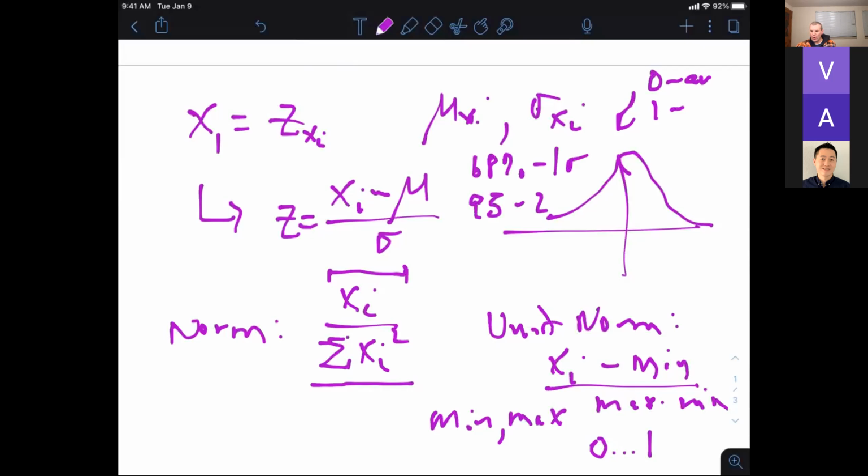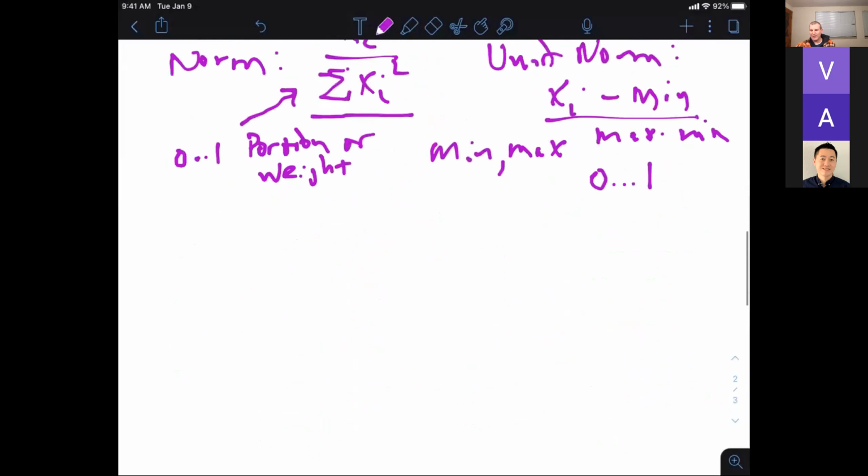And the normalization is also a number between 0 and 1, but based on the total distance, basically the portion or weight of the number. So they're all different ways of trying to make numbers have the same magnitude.